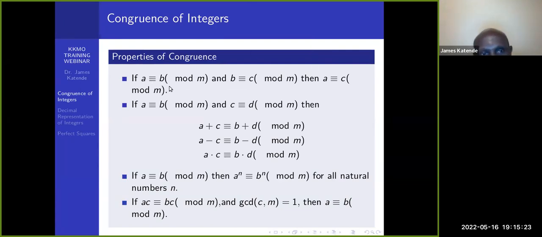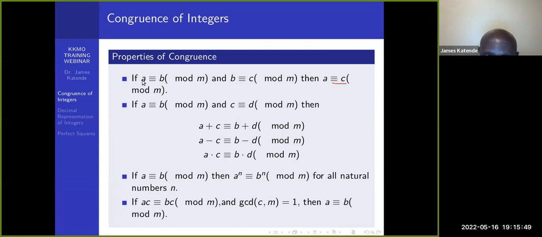Now, here are some properties of congruence. The first one says if A is congruent to B modulo M and B is congruent to C modulo M, then it follows that A must be congruent to C modulo M. So this is the transitive property. We have B here and B here.